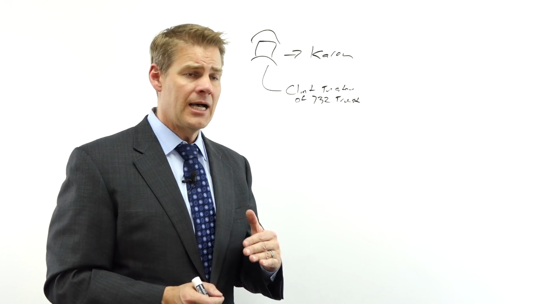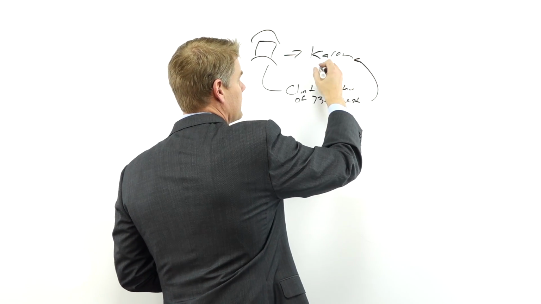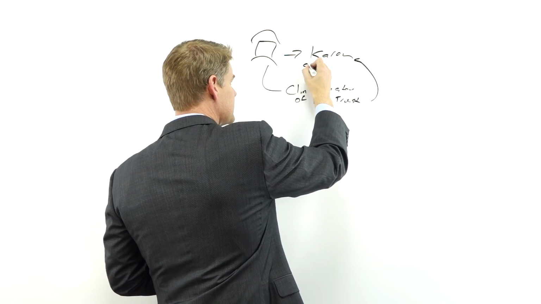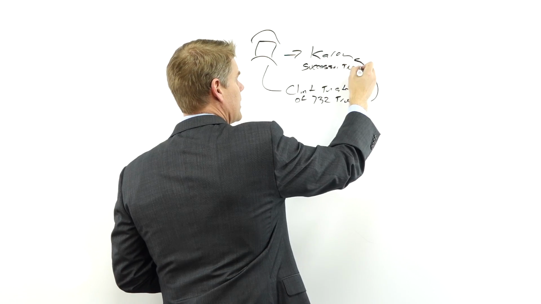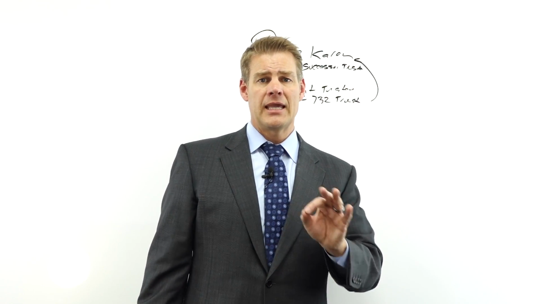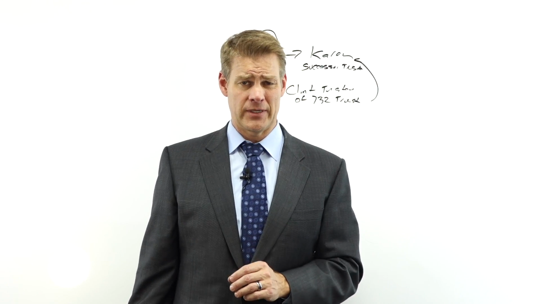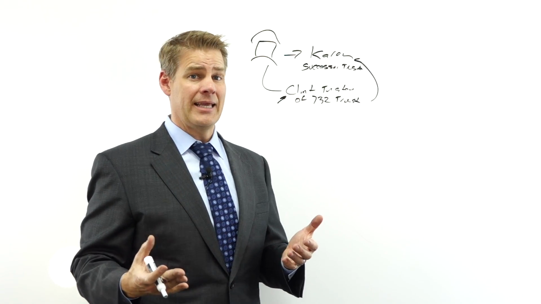When I resign, the trust document states that Karen is the successor trustee. So in the trust document itself, Clint Coons is the initial trustee and Karen is the successor trustee. Straightforward. But on title, it's always going to read Clint Coons. That's how we get the anonymity.